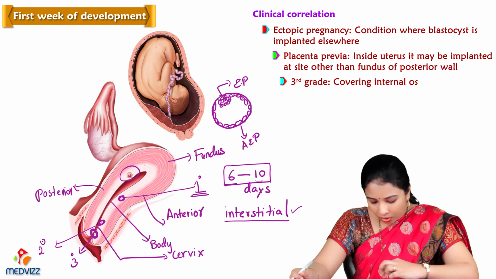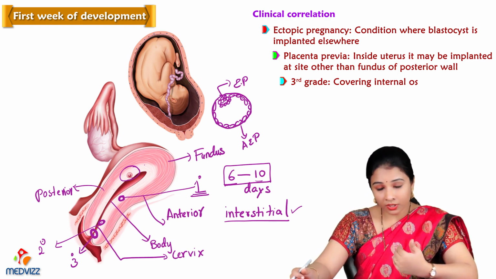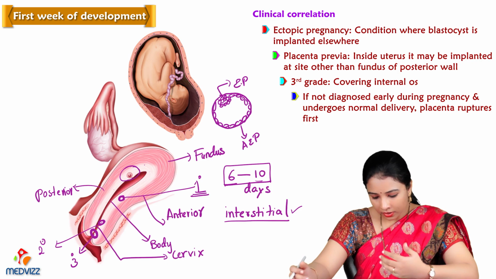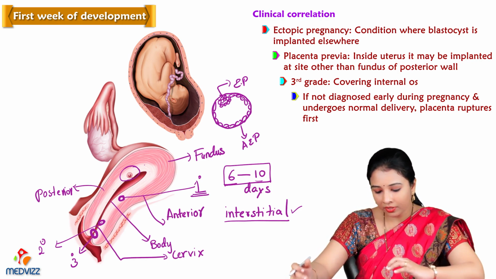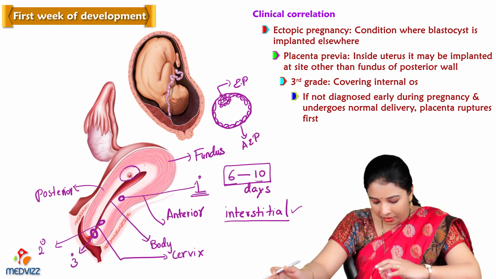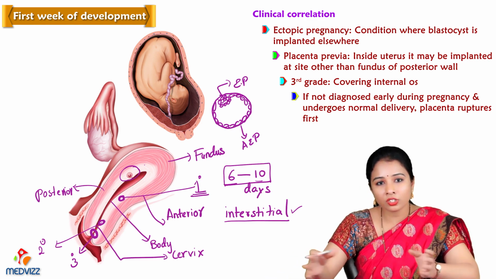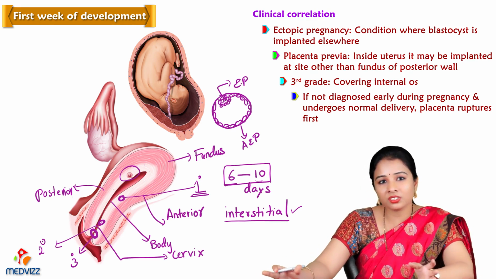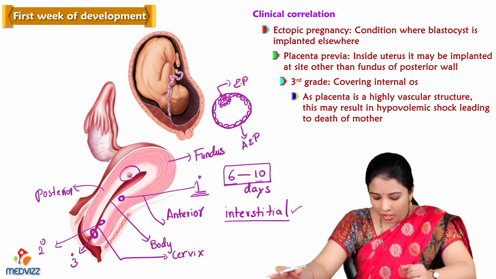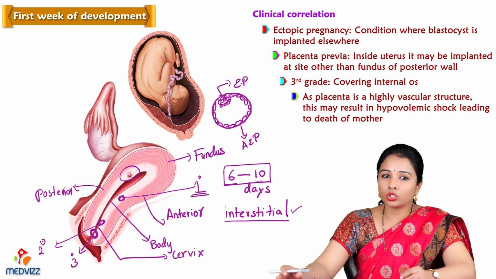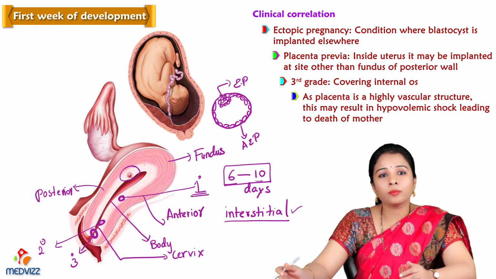So in third grade, what happens during delivery? Suppose the woman is not diagnosed previously with placenta previa and she undergoes normal delivery. As the placenta is present at the internal os, the first structure which ruptures is the placenta, and we know the placenta is a highly vascular structure, so there will be a severe loss of blood, and the mother may die because of hypovolemic shock.